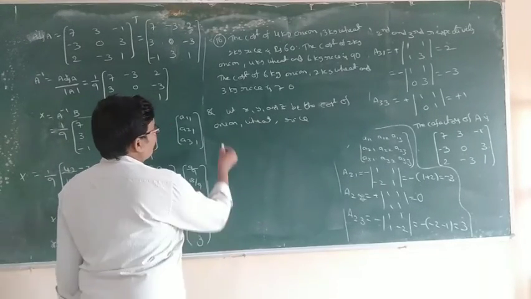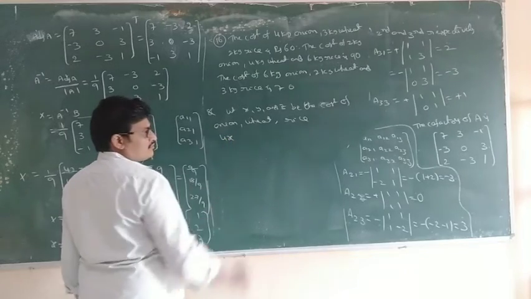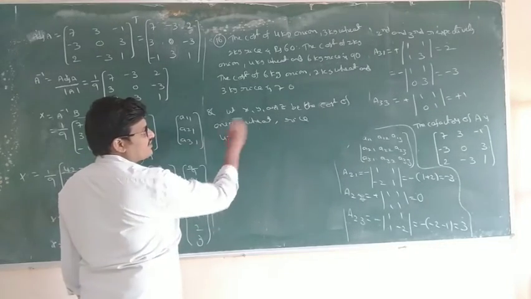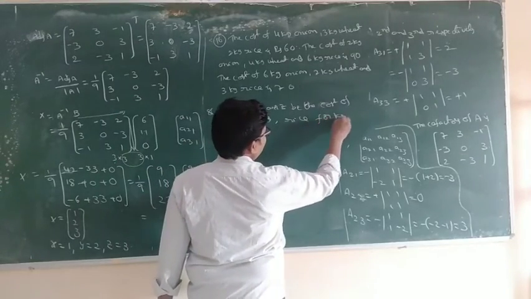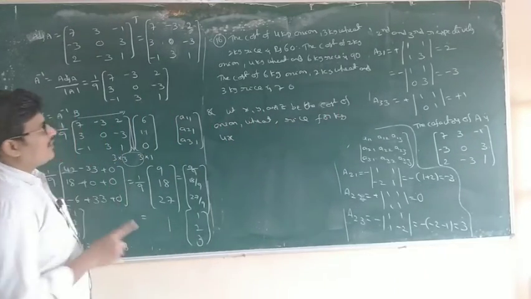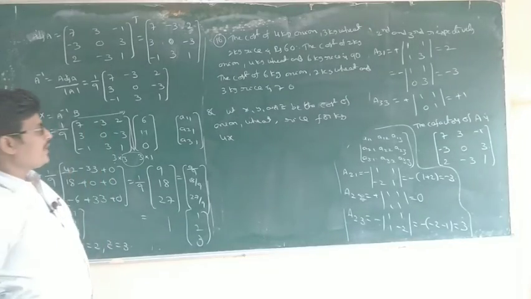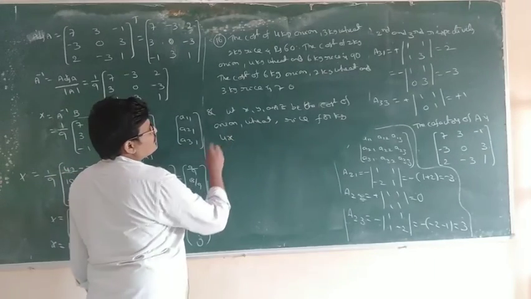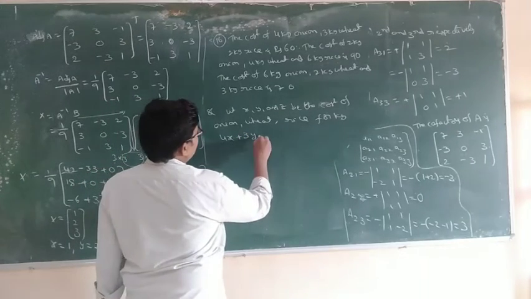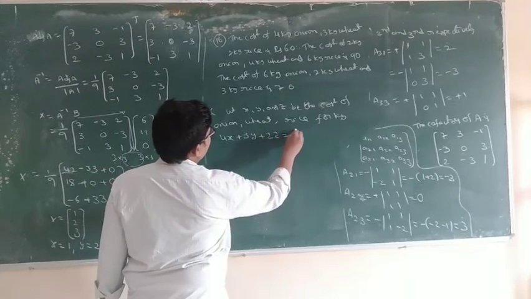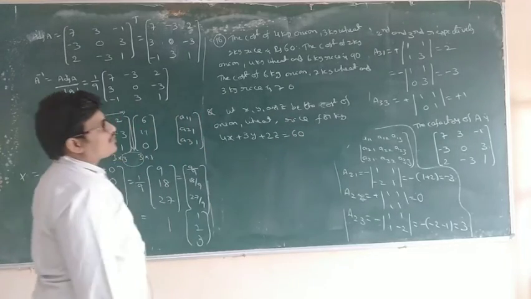So 4 kg onions means 4x. X is the cost of 1 kg onion. So 4 kg onion means 4x plus 3 kg wheat, 3y, plus 2 kg rice, 2z, is equal to a total of 60 rupees.